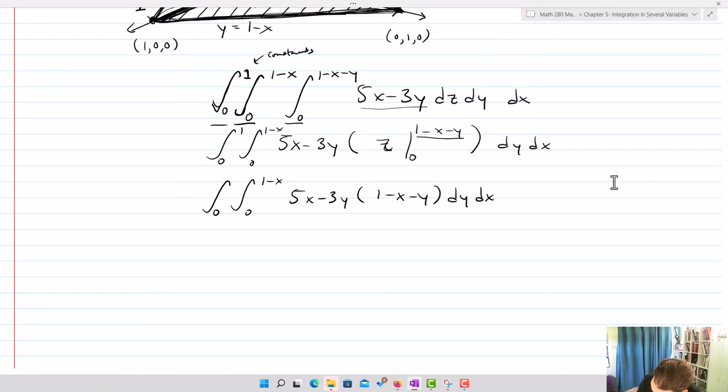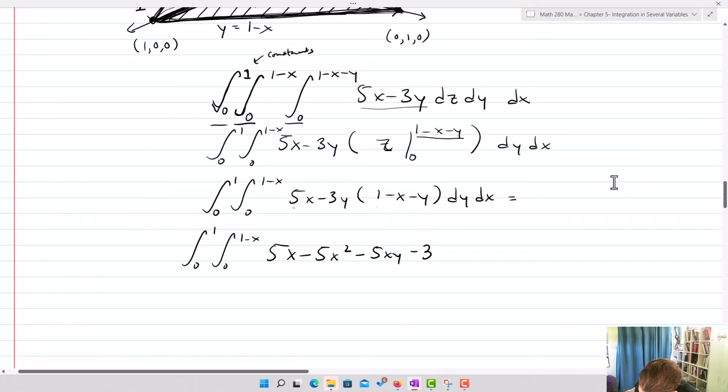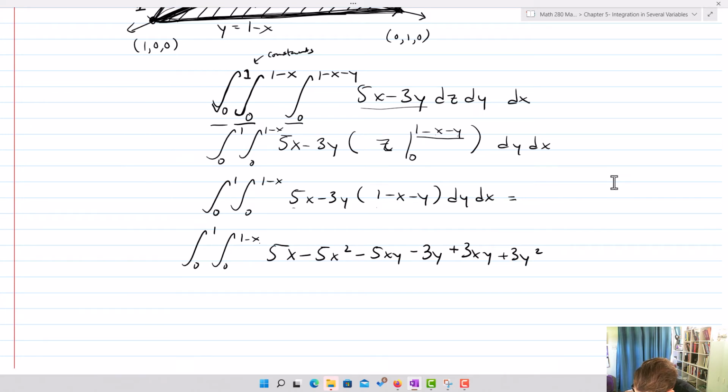I'm actually going to multiply these two together. So this ends up equaling the integral from 0 to 1, the integral from 0 to 1 minus x of 5x minus 5x squared minus 5xy minus 3y plus 3xy plus 3y squared dy dx.